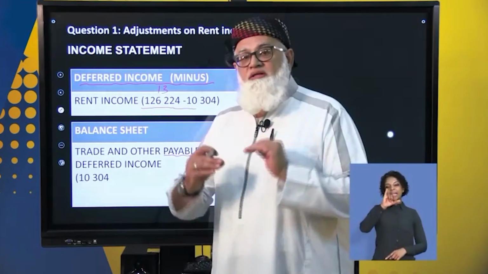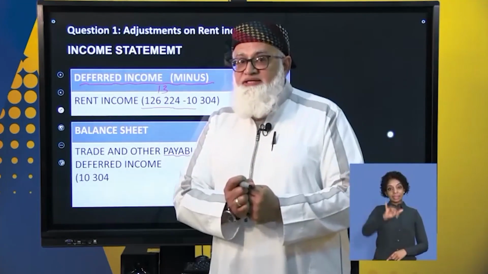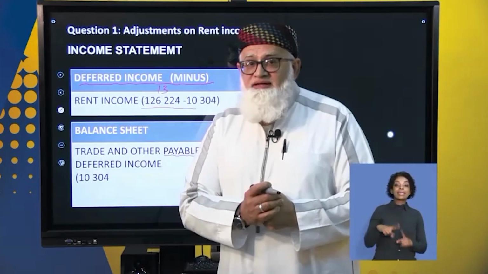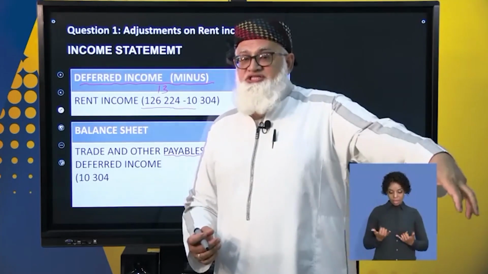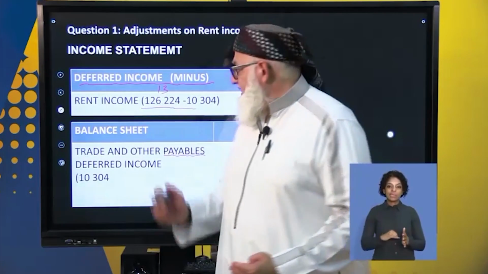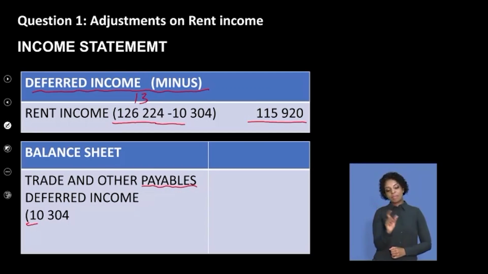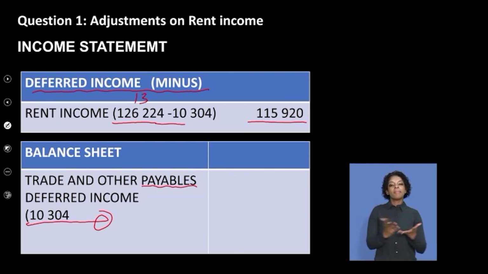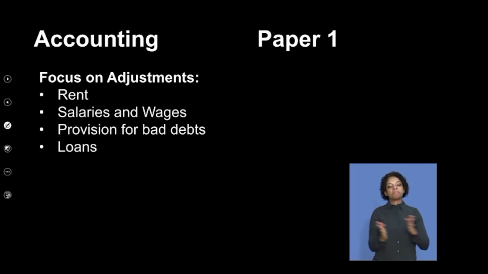It's an amount that we have received from our tenant, which we haven't earned. It will only be earned next year. So for now, it's a temporary liability. And therefore, it will be included under my item, trade and other payables. Got that? Brilliant. Let's move on to the next one.